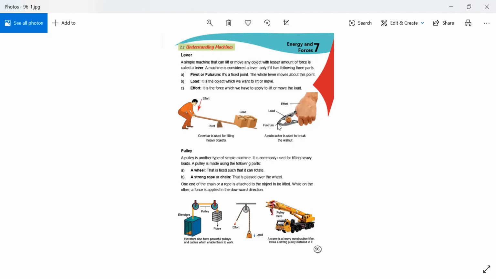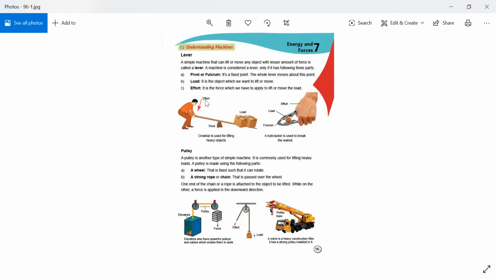Load means the object we are using to carry, move, or cut. For example, here the load is the boxes, and here the load is placed under the nuts. This is a nutcracker, so this is the fulcrum and this is the load.